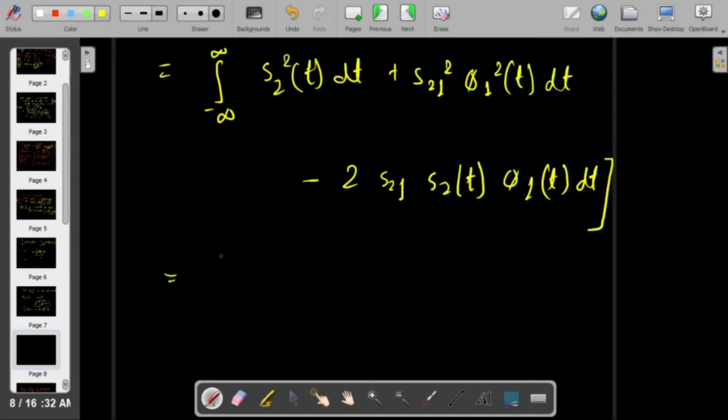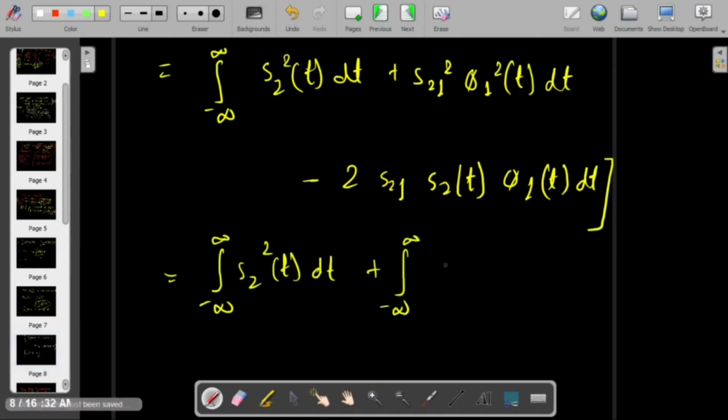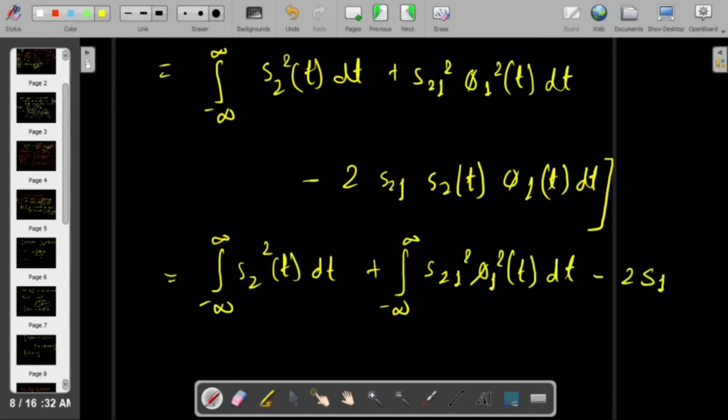So at the end, just separating integrals, we are left with the integral of S2 square t dt, then the second term. This you can solve easily, it's just simple opening of the square bracket. And this is the middle term, S21, and this is S2(t) into phi 1(t), and of course dt, right?